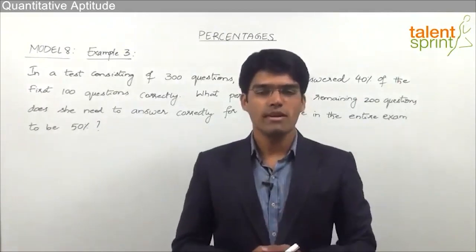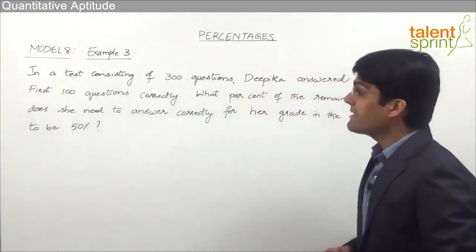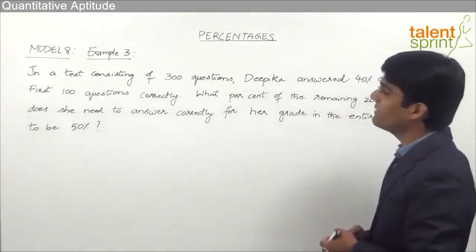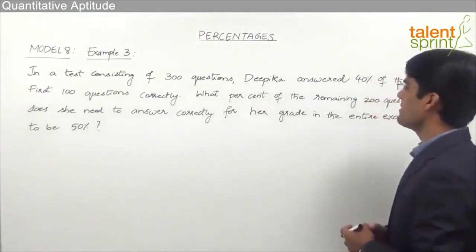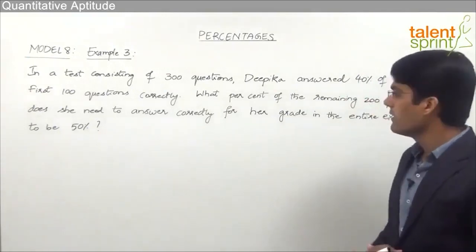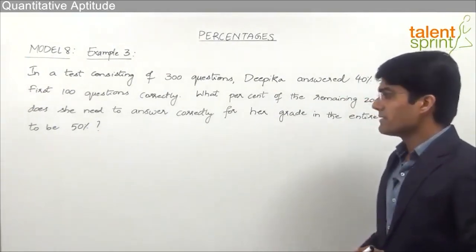Let us now take one more interesting question from percentages. The question here is, in a test consisting of 300 questions, Deepika answered 40% of the first 100 questions correctly. What percent of the remaining 200 questions does she need to answer correctly for her grade in the entire exam to be 50%?